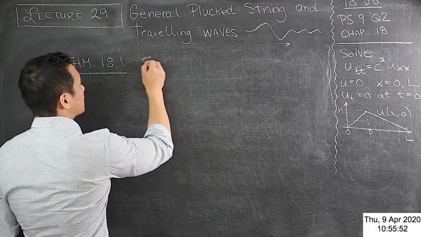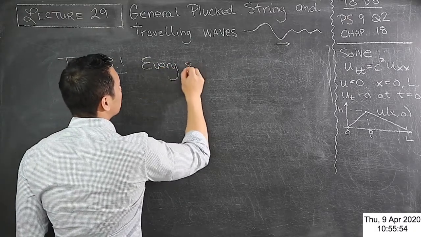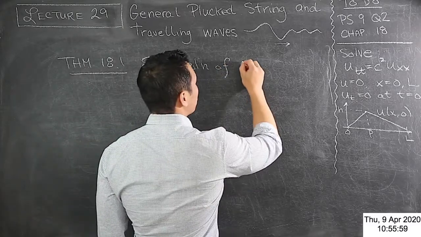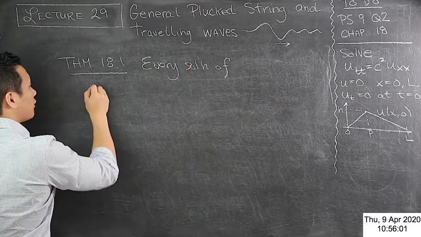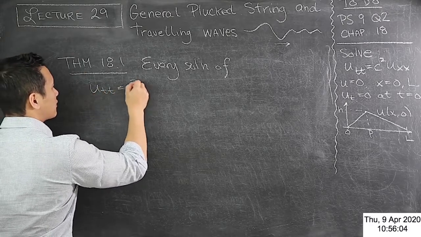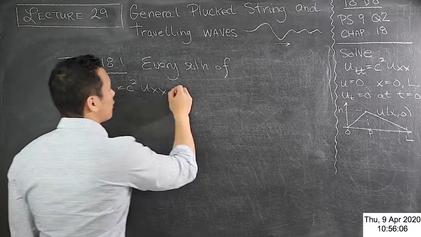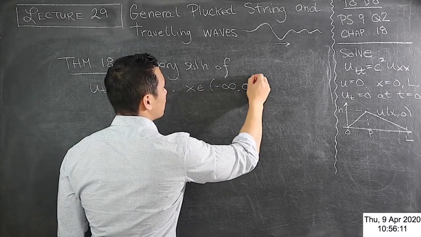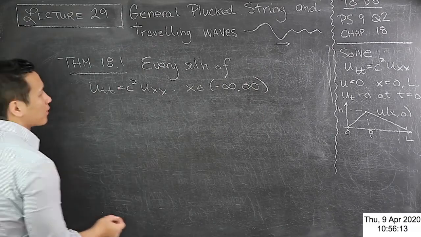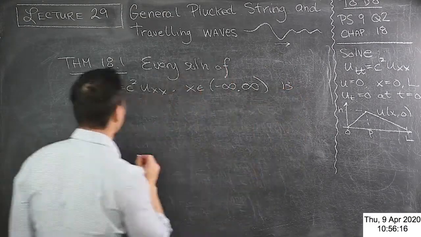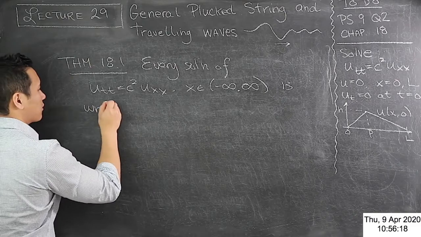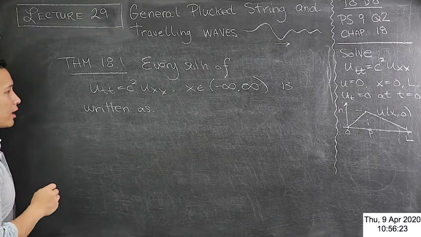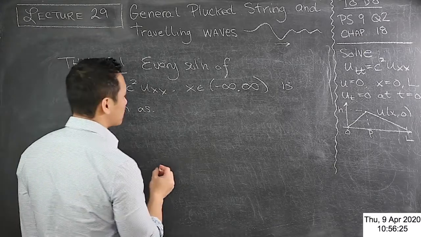And it says that every solution of u_tt is equal to c squared u_xx on the doubly infinite interval minus infinity to infinity is written as an F piece and a G piece, as it's written in the notes.